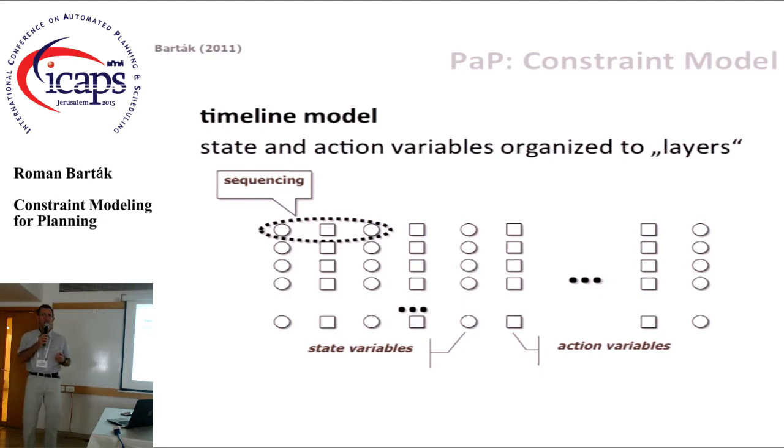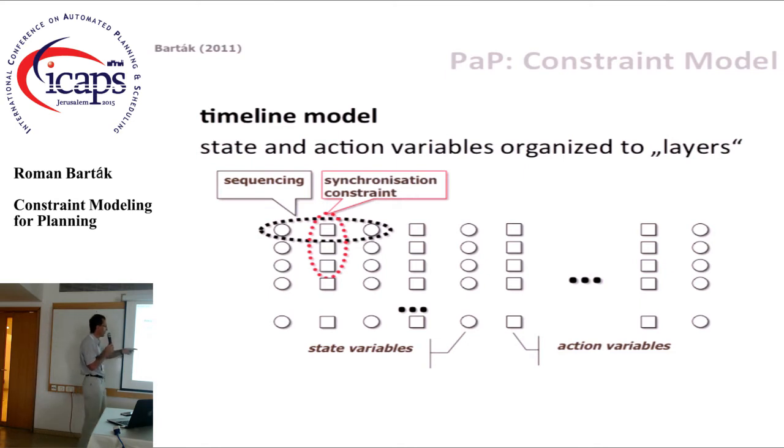So this is basically a ternary constraint describing the finite state automaton for the state variable. Then we need to describe the synchronization constraints. We use a quite complex model which basically says, for each action that can be used there, put a constraint between this variable and all other variables that may contain any of these actions to describe the synchronization, right?